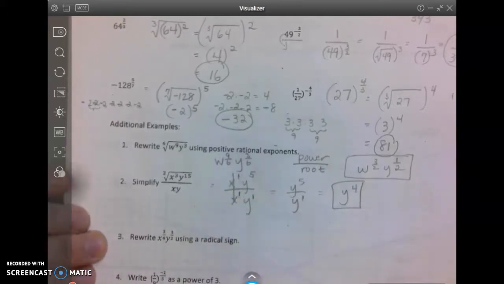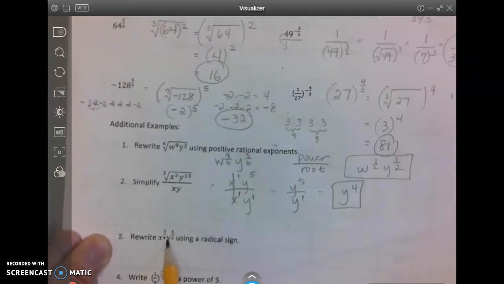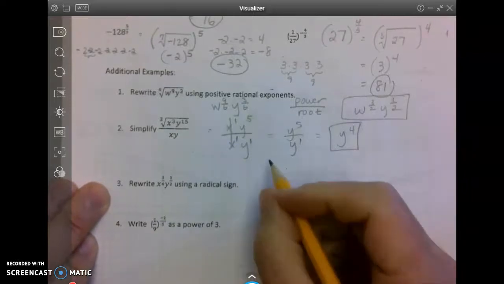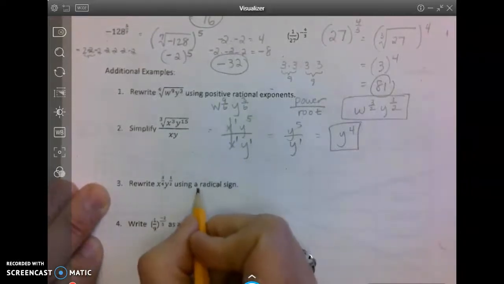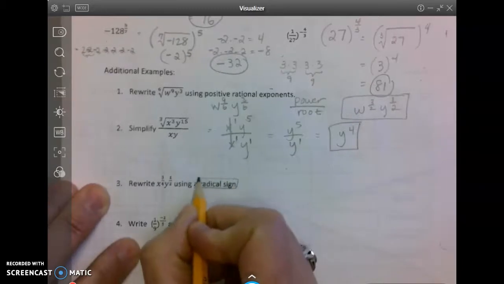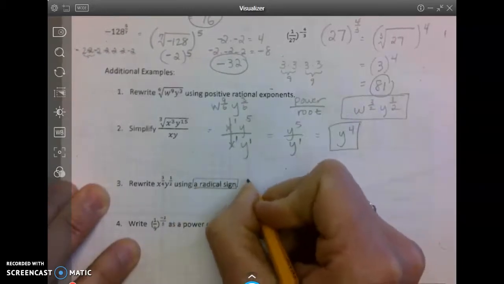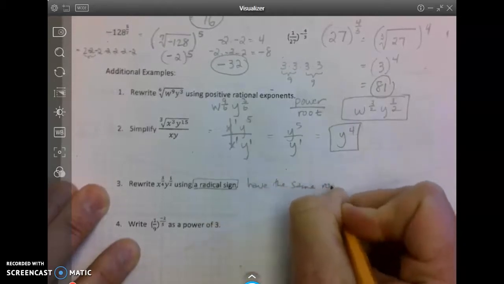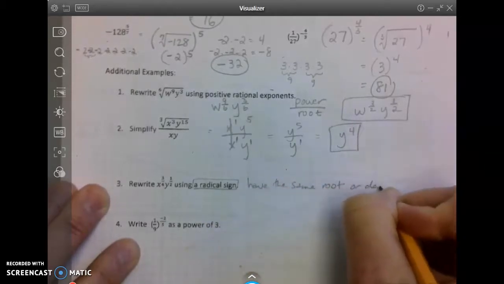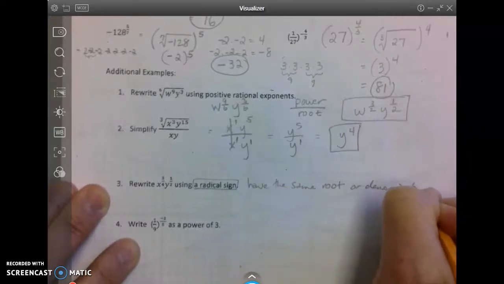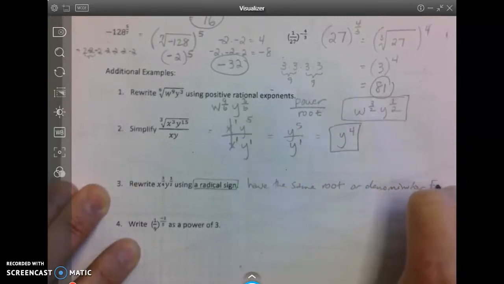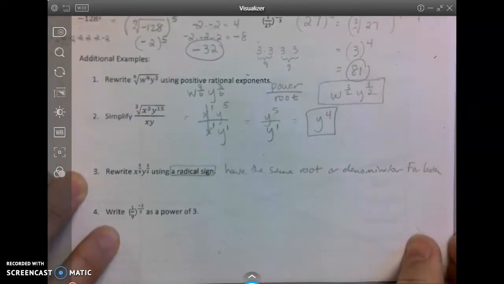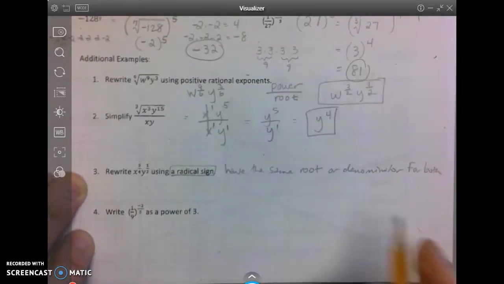All right, now notice with number 3, we're going to write using a radical because this is written in exponential form. All right, so now in order to write it using a radical sign, one radical sign, I need to have the same root or denominator for both of those.